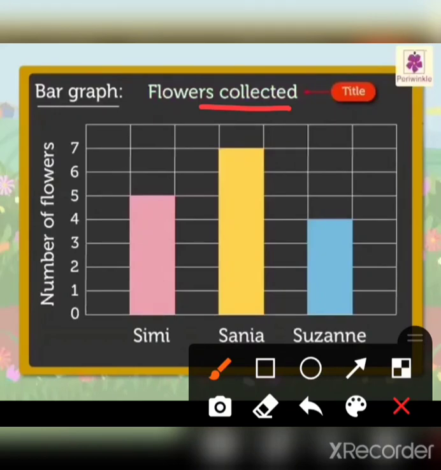We have a title to know what the pictograph is about. Second is labels. Here are Simi, Sania and Suzanne, the names of the objects, and on the vertical side the value of the object, that is the number of flowers. These are called labels.